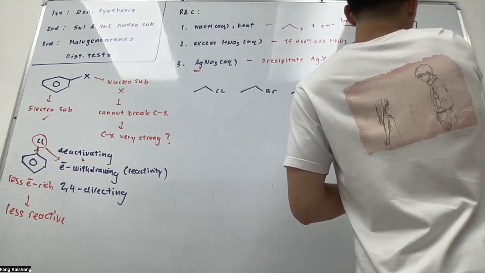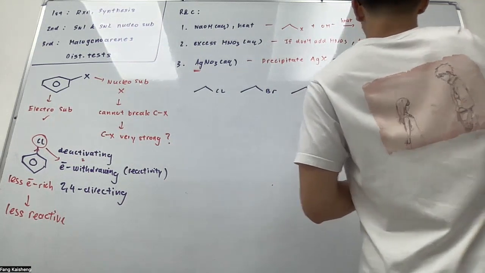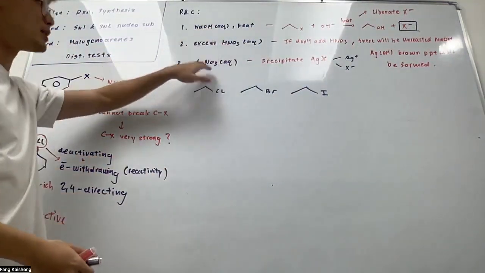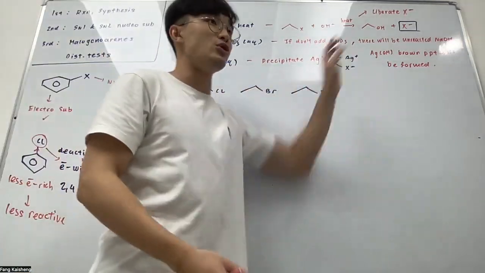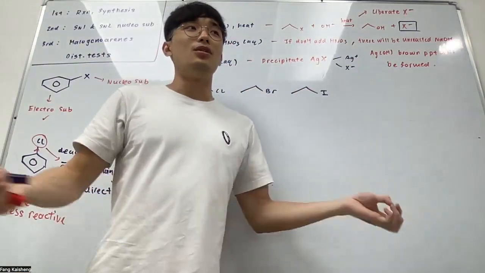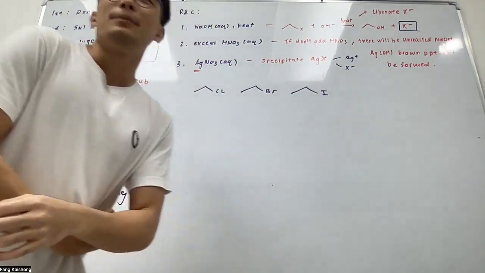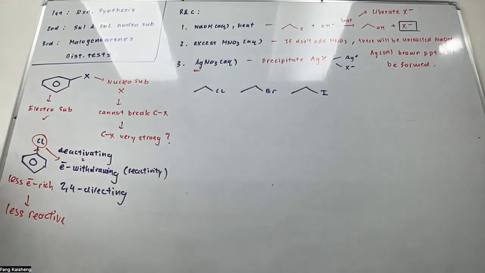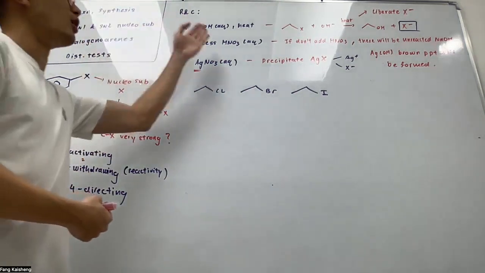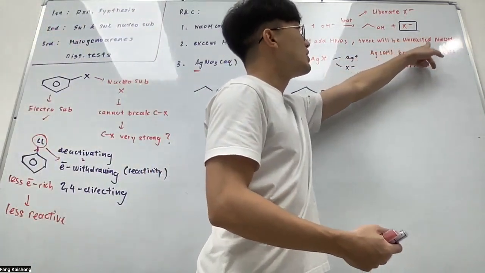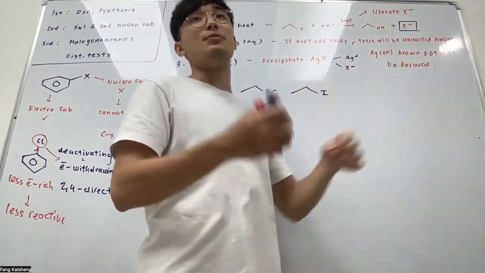Again, I'm still not at the important part yet. I'm just telling you what happens if you don't add HNO3. If you don't add an acid, there will still be base, and the base will react with Ag to form AgOH. What's the big deal? You must always ask yourself, what's the big deal here? We have to get rid of the base so that we do not have this precipitate.